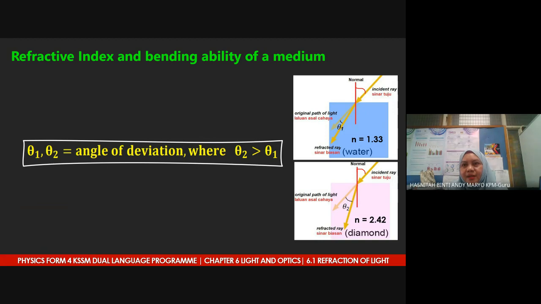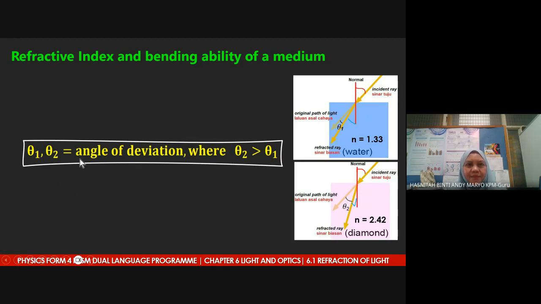The angle of refraction is here. This is the angle of refraction in water, and this is the angle of refraction in diamond. You can see that the angle of refraction in diamond is smaller. So we understand the light refracted more towards the normal when entering diamond, right?